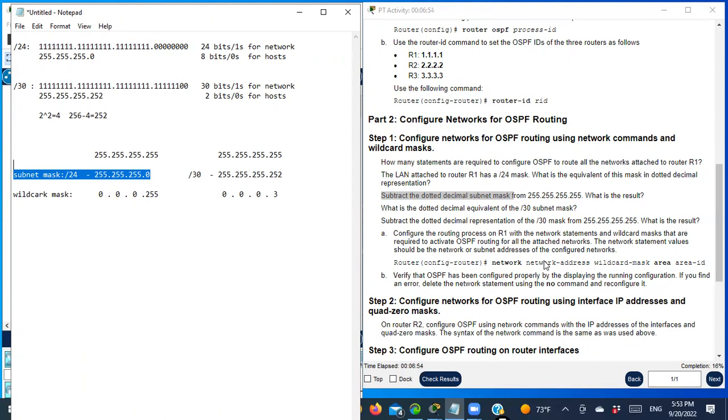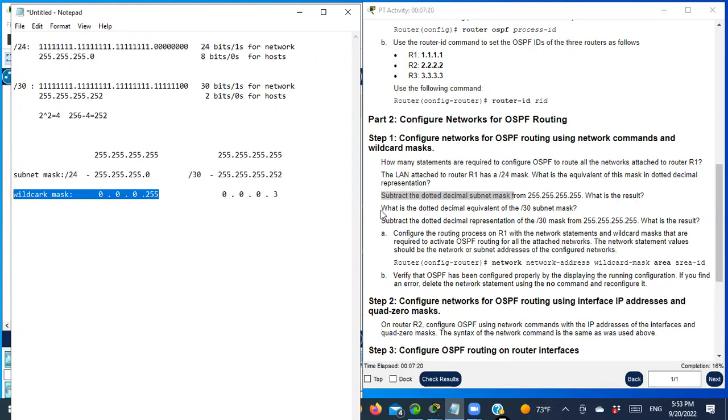What is the result? The result is 0.0.0.255. This is the wildcard mask.